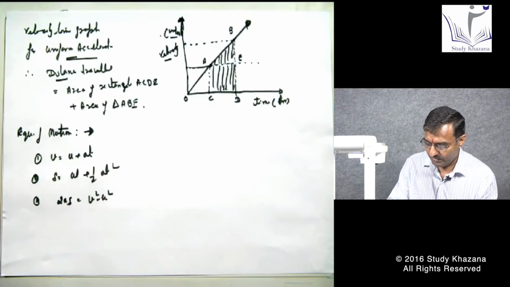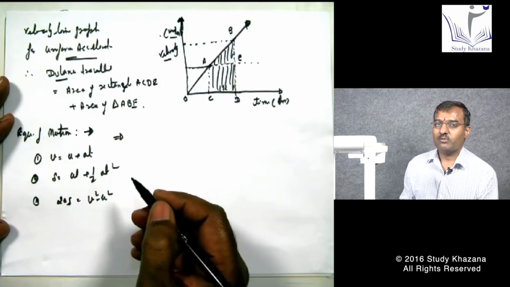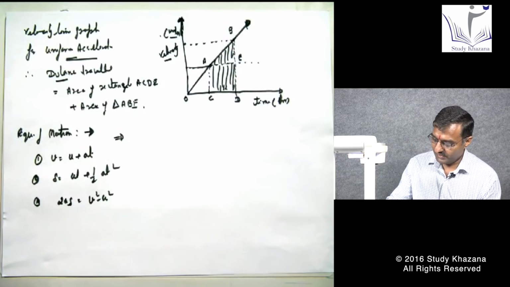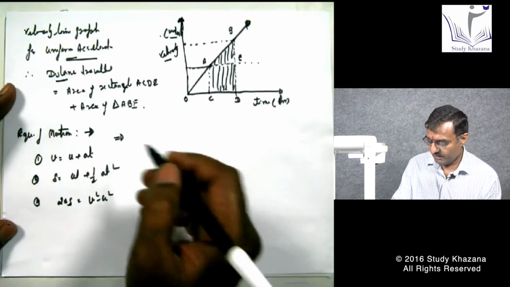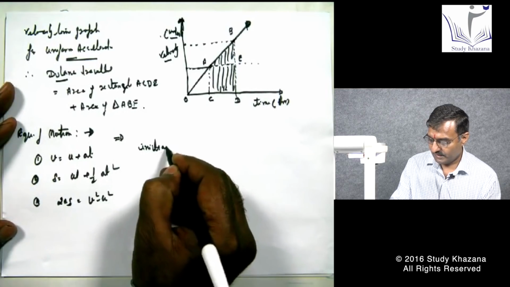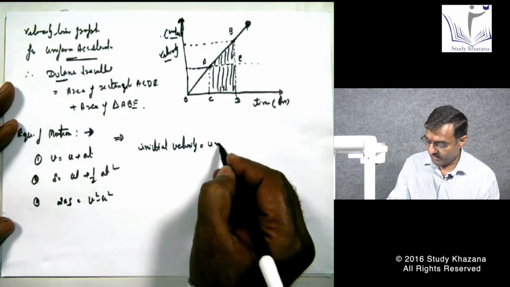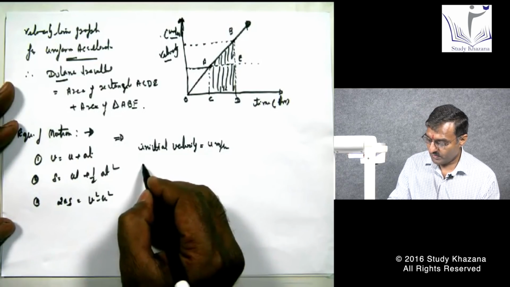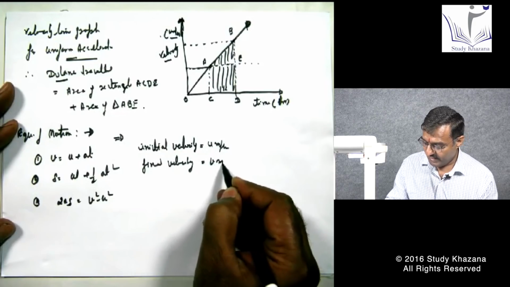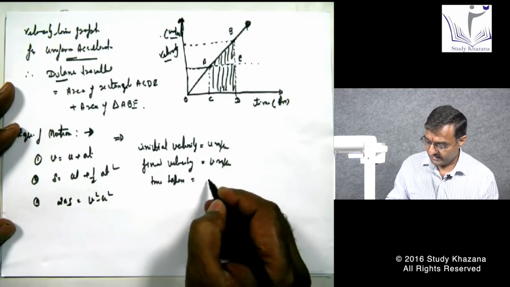An object is moving with uniform motion, or we can say with uniform acceleration. The initial velocity of the object is u meter per second, final velocity is v meter per second, and the time taken is t second.